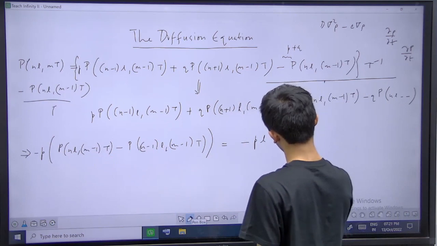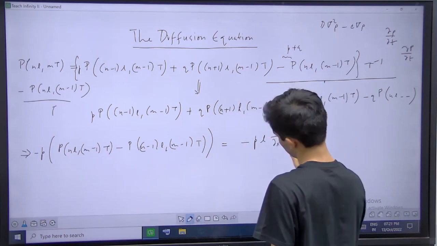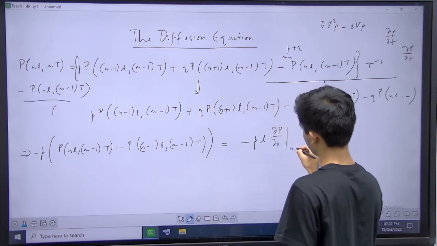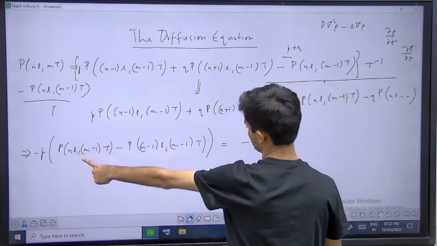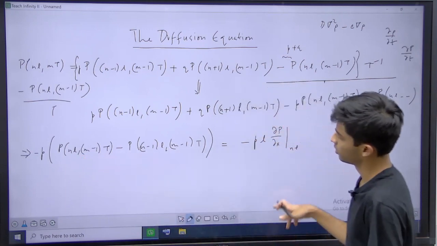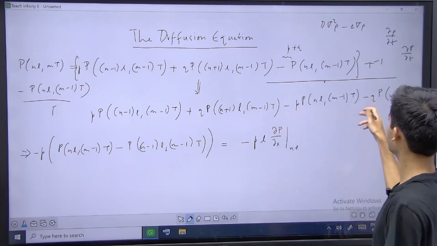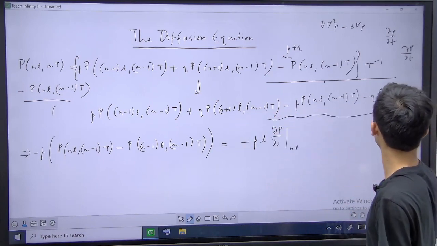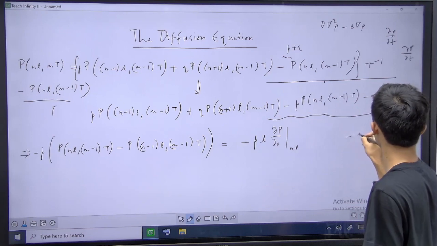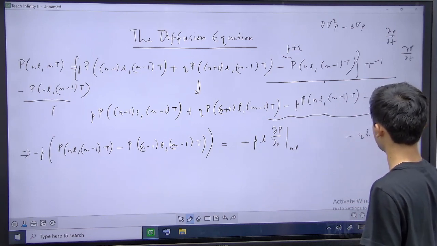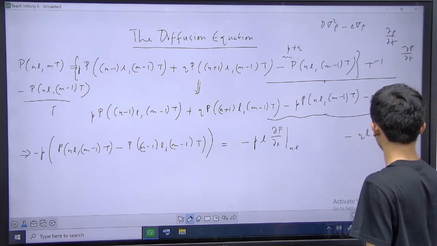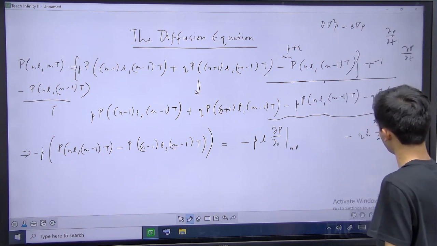So n and n minus 1 are separated by L, and so I will write it at nL. Right, I will consider this point. And similarly, what we will get over here, using this q, this and this, we will get minus q times L times del p over del x at n.